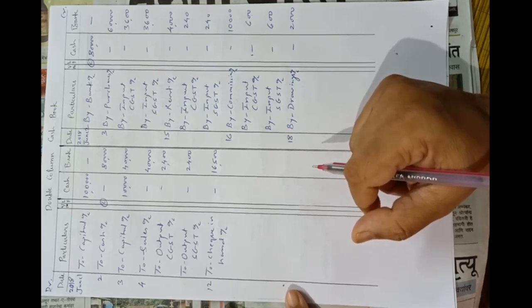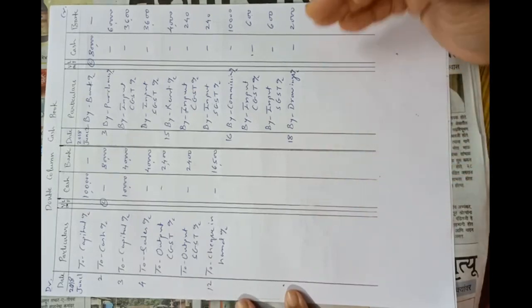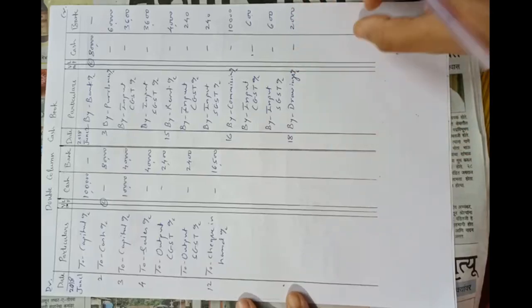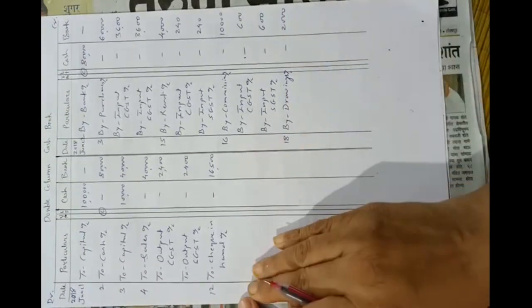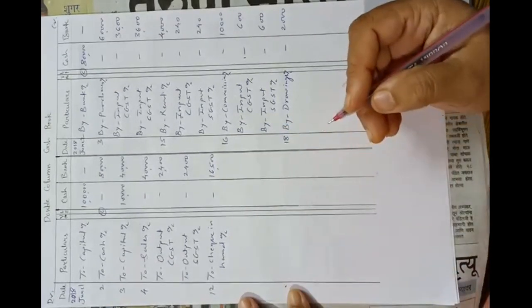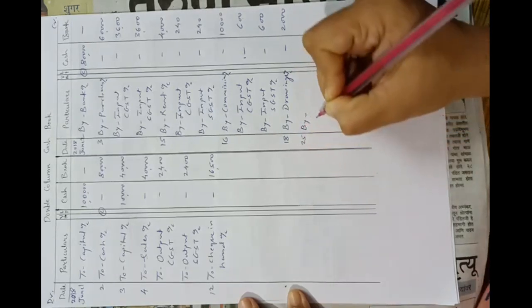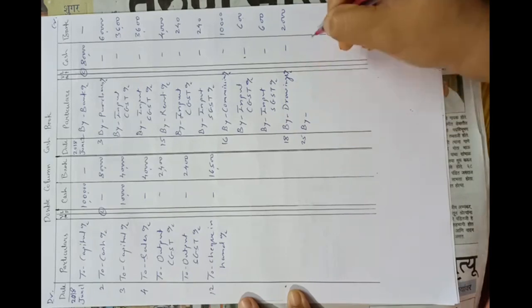This is the contra entry because the owner is withdrawing rupees 10,000 from bank, and it is for office use, so the cash will come in cash box. Okay, so this is a contra entry on 25th. First, withdraw from bank rupees 10,000.